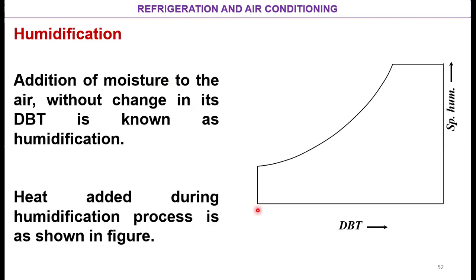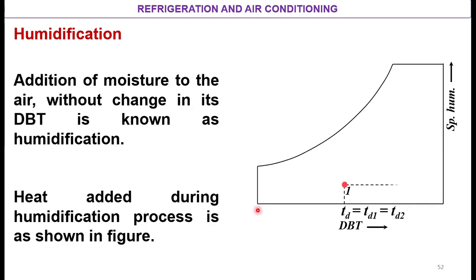Addition of moisture. It means that you are going to increase the moisture content in the air. And during this process, the dry bulb temperature will not be changed. It will be constant. So let us show this process on the psychrometric chart. Okay, so see how this process can be shown.